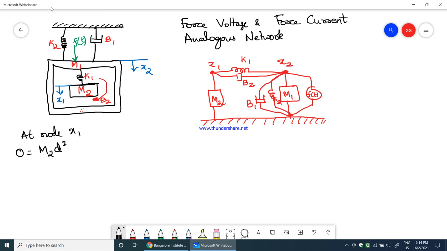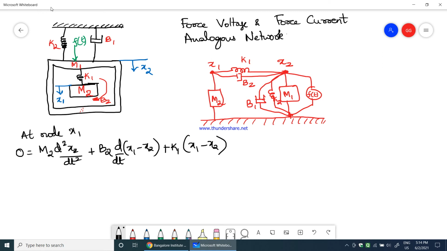by dt square plus b2 into, it is between x1 and x2, therefore b2 into d by dt of x1 minus x2. So we'll just take x1 minus x2, so we'll avoid writing t here. Then plus k1 into x1 minus x2.